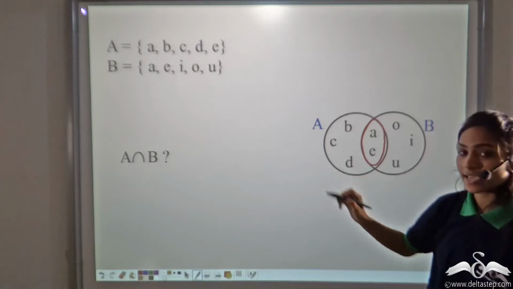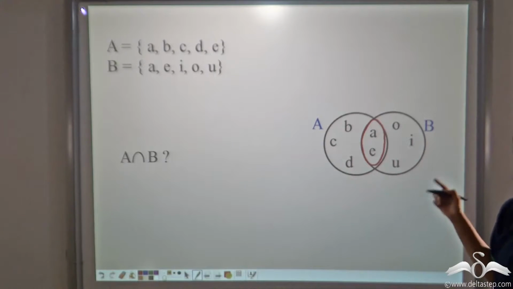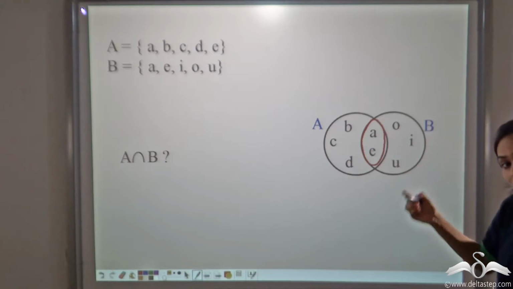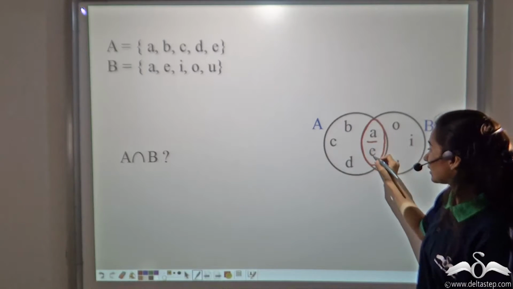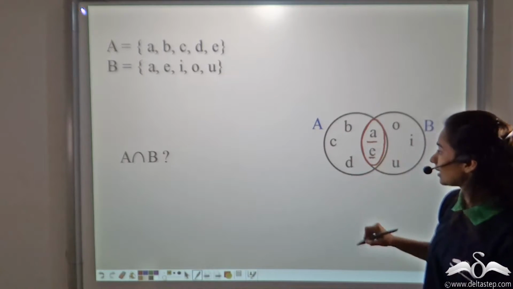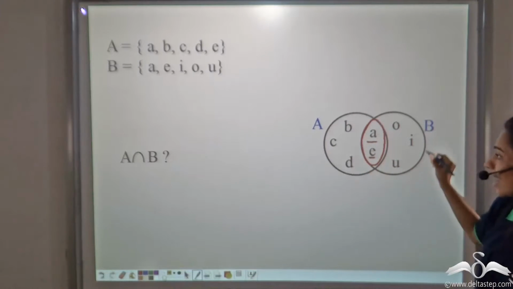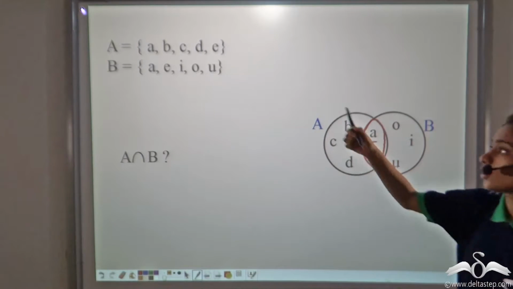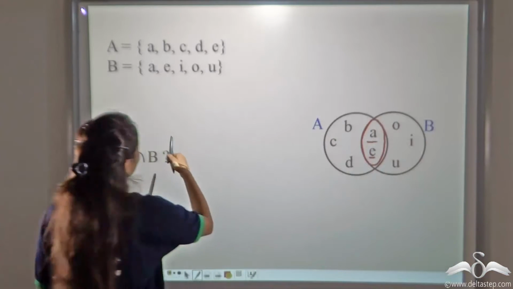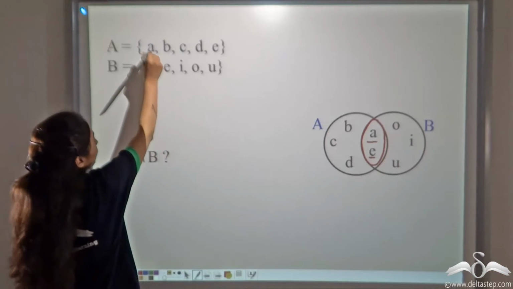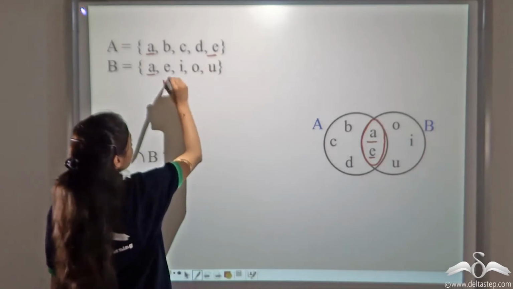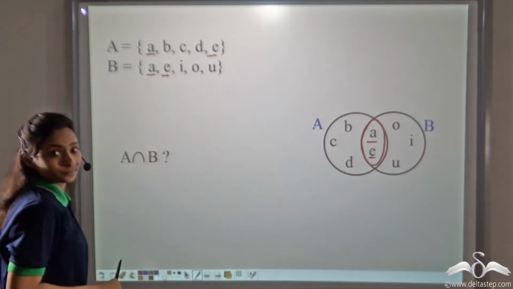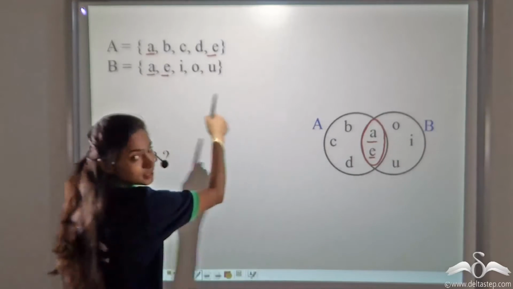So what will be A intersection B here? The elements that are common to both A and B, or that belong to both set A and set B. So you can see that the letters A and E belong to set A as well as set B. Now if you look at the question itself, you can see that A is present in A and B and E is also present in set A and B. So both ways you get the same answer.